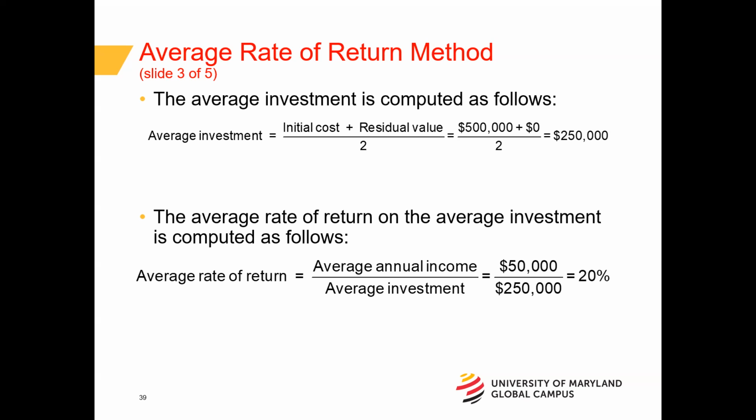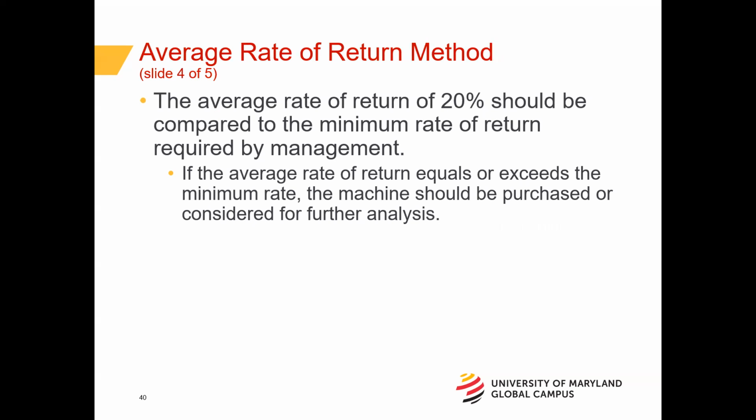I think that's pretty favorable. 20% should be compared to the minimum rate of return set by management. Management will say, oh, well, in order for us to invest in this machine, we should be at least getting 10% return on our investment. 10% is a relatively arbitrary number.